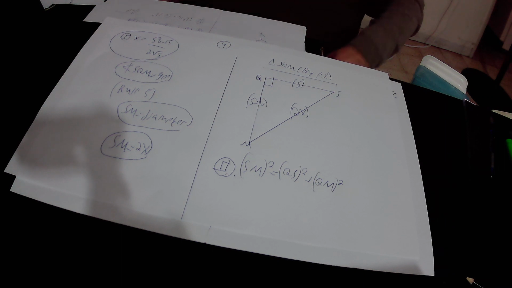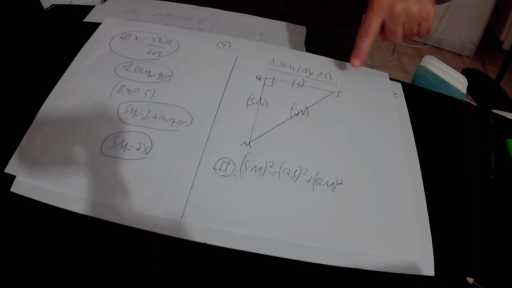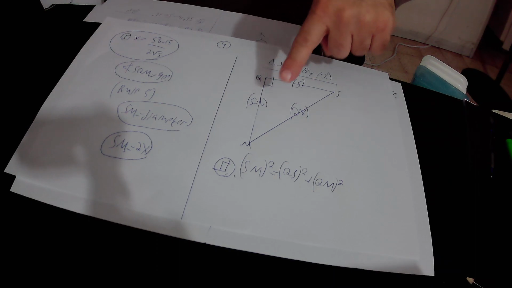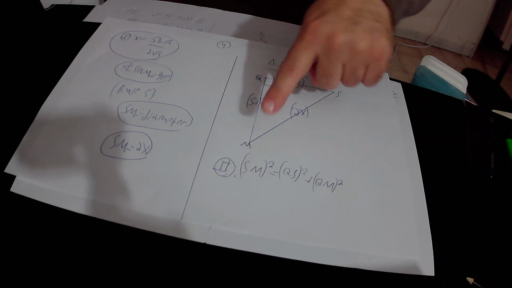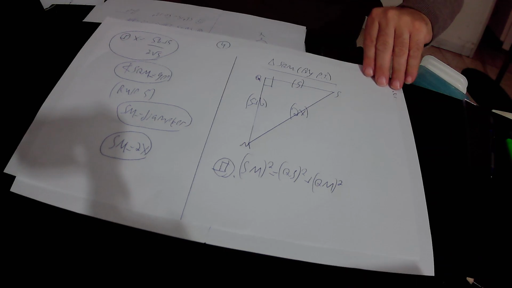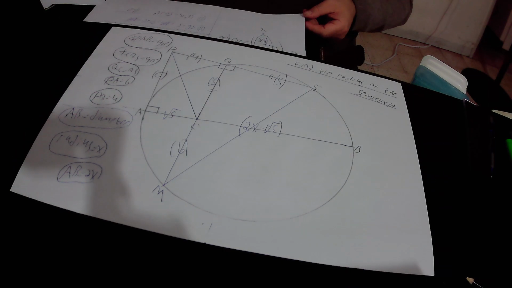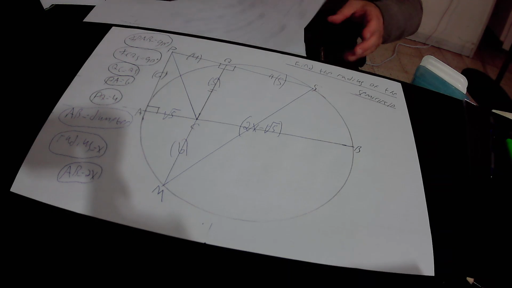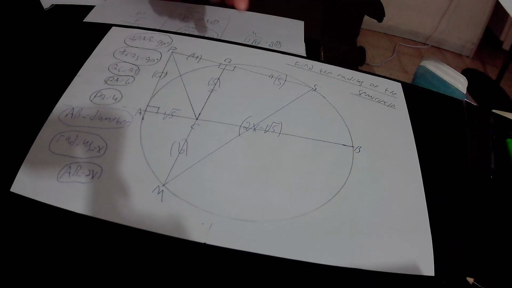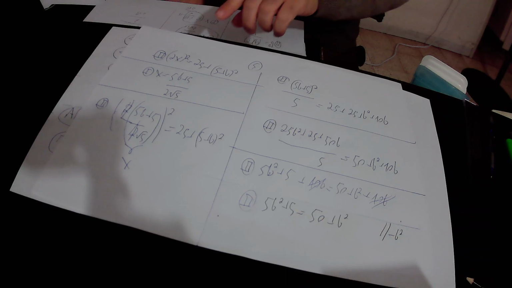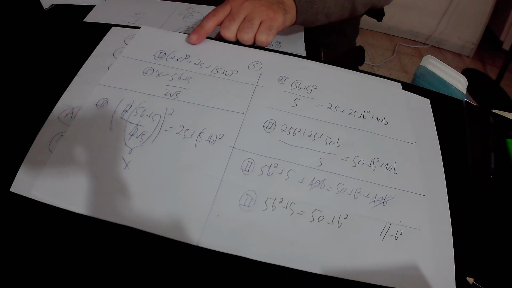So in this right triangle SQM, SM squared equals QS squared plus QM squared. Again, SM squared equals QS squared plus QM squared. So SM is 2x, therefore SM squared is (2x) squared.